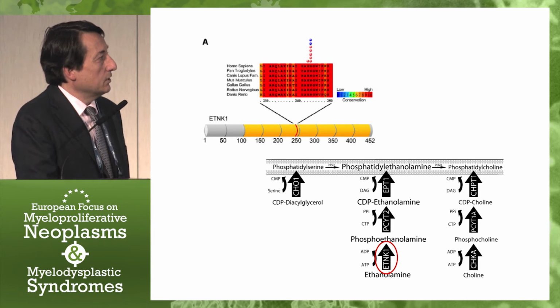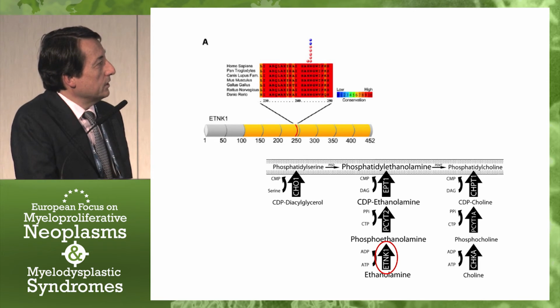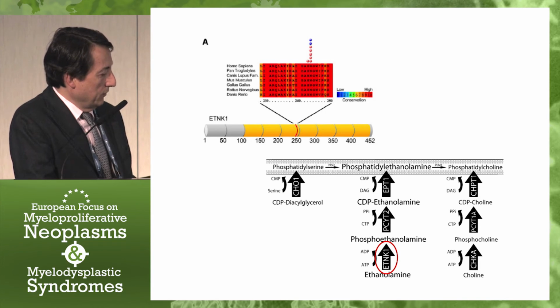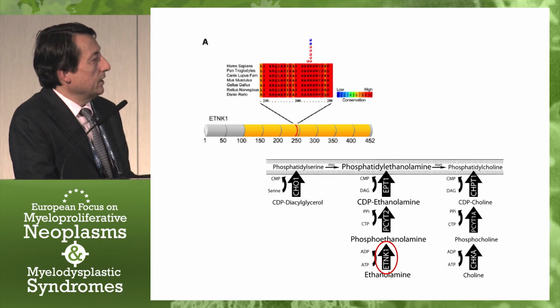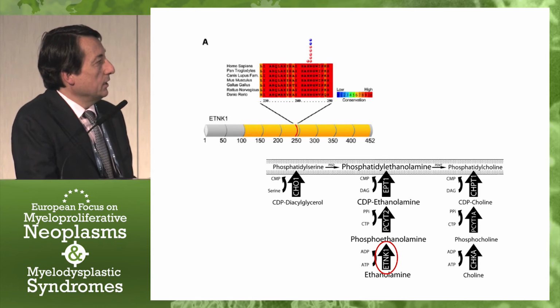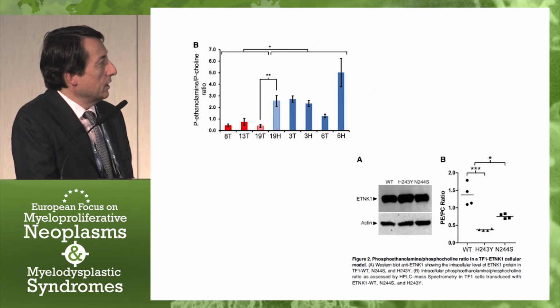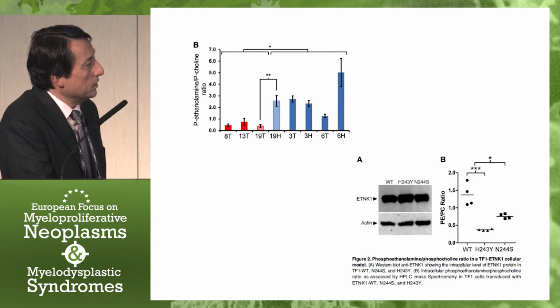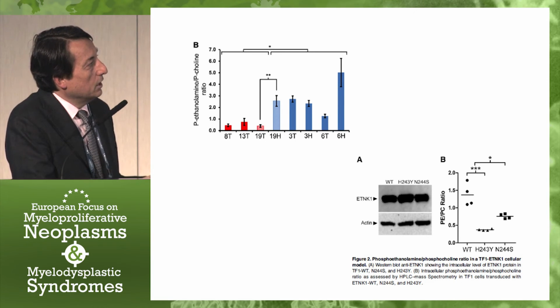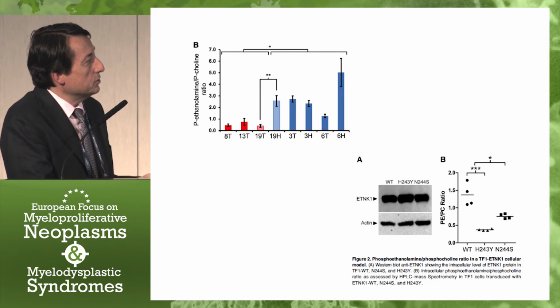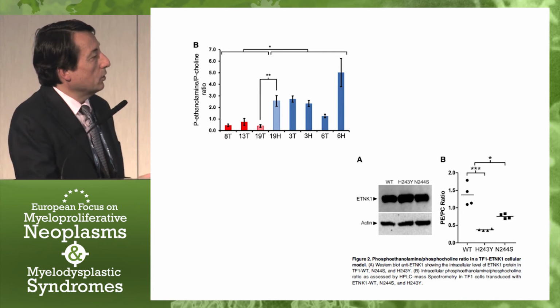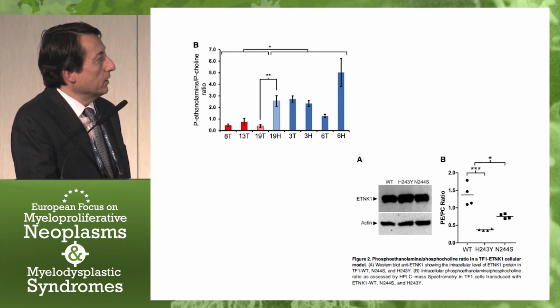We have much less information than for ZBP1, but what we can say is that if we look at the level of the result of the enzymatic reaction, which is phosphoethanolamine, and we compare this with phosphocholine that is in the parallel pathway, we can see that cells from patients with mutation, compared with patients with no mutation, or compared with normal cells from the same patient, show a reduced level of phosphoethanolamine, suggesting, at least, that this mutation could decrease the normal function of the enzyme.